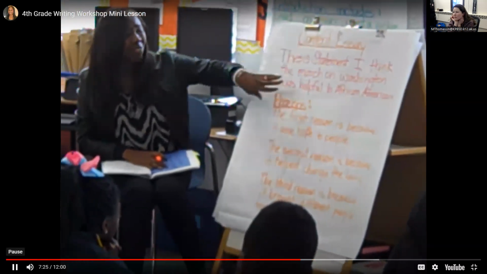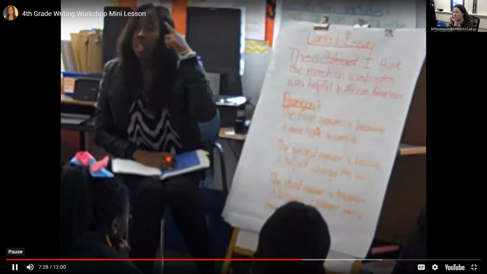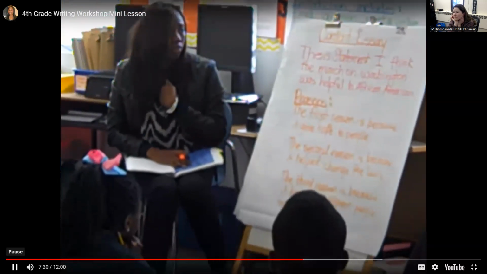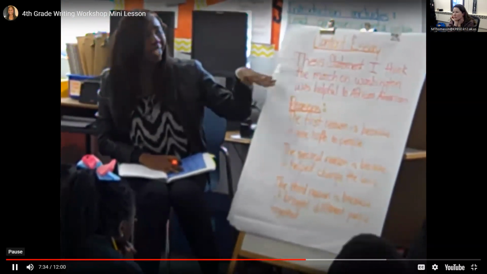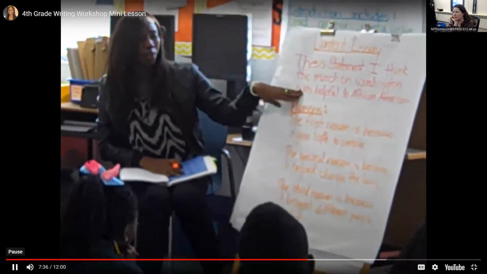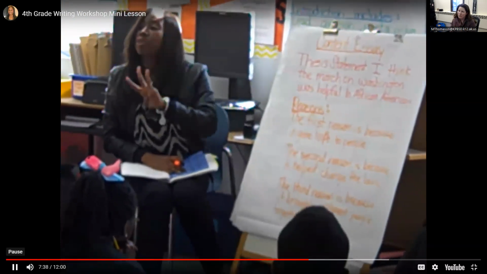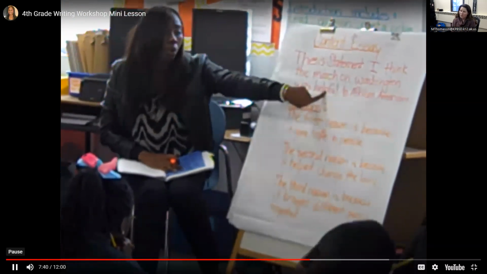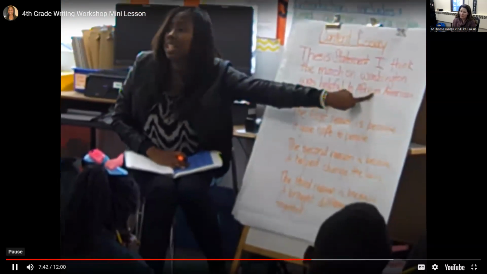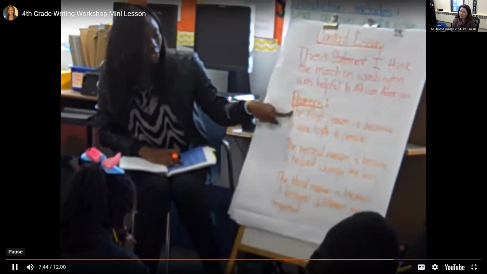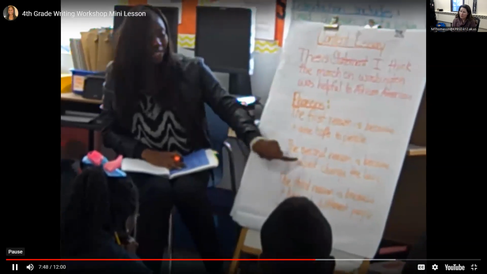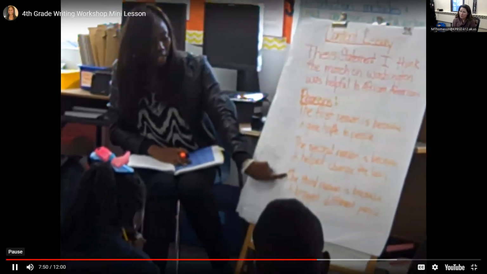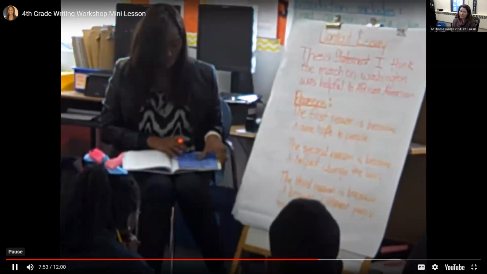I need you to notice that my thesis statement is what I think or what I feel about my topic. So my topic was the March on Washington. So I think the March on Washington was helpful to African Americans. Then I gave 3 reasons, and it had to be helpful to African Americans because that's what I thought. So my first reason is because it gave people hope. The second reason is because it helped change the laws. And the third reason is because it brought different people together.